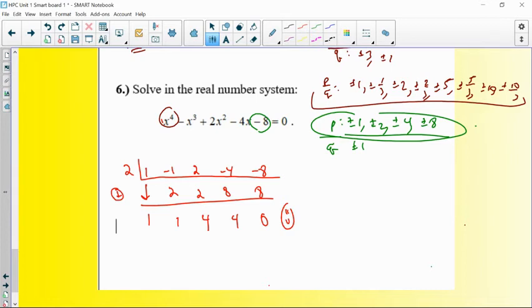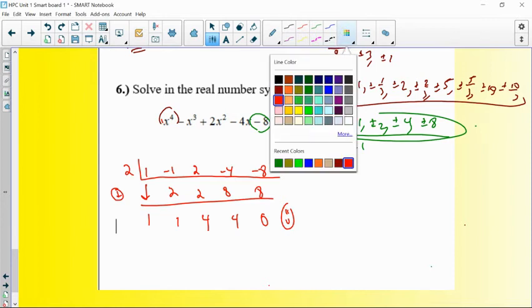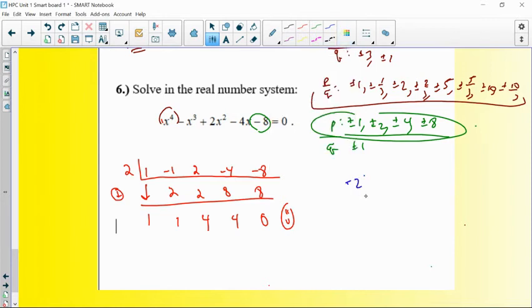So if I would have tried -2, let's say I would have tried that. Oh, actually, I'm going to do that over here. So let's say I would have tried -2, and I would have divided that into 1, -1, 2, -4, -8.